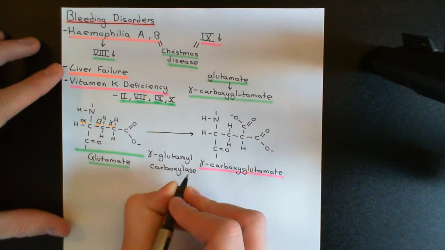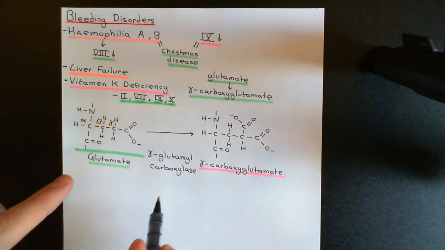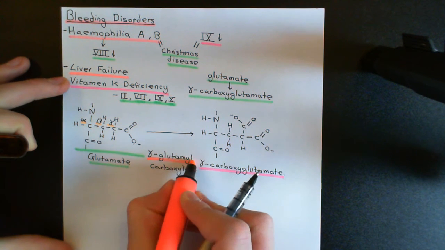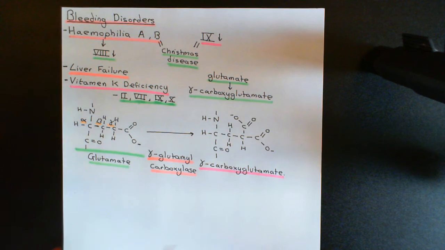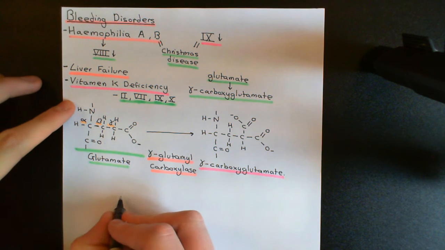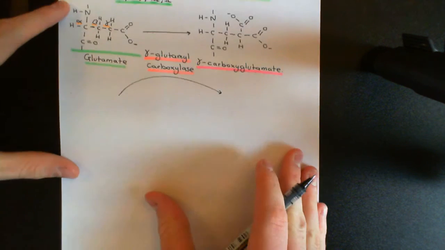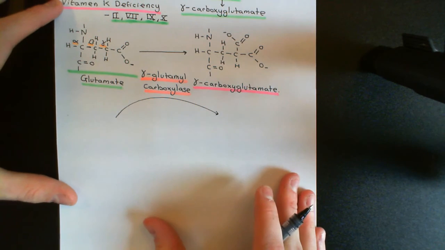So this process is catalyzed by an enzyme called gamma-glutamyl carboxylase, and when it does it, it requires at the same time a conversion of a form of vitamin K, which we'll call reduced vitamin K, into another form of vitamin K, which we'll call oxidized vitamin K. So every time this enzyme, gamma-glutamyl carboxylase, converts glutamate into gamma-carboxyglutamate, what's going to have to happen at the same time is, and I'll just bring this up, let me keep it in view, that'll do.